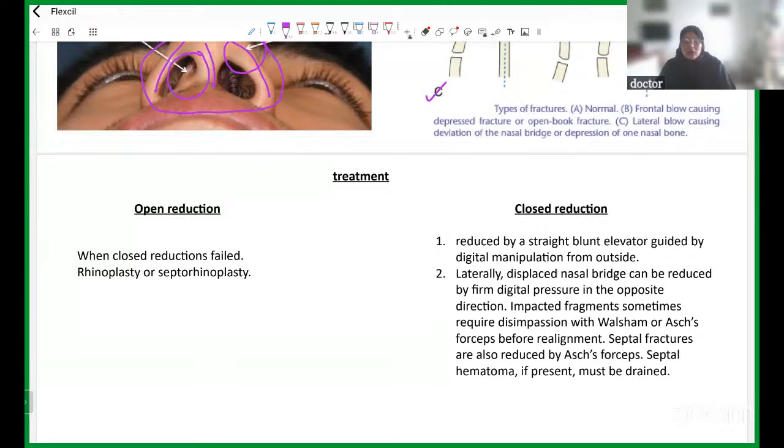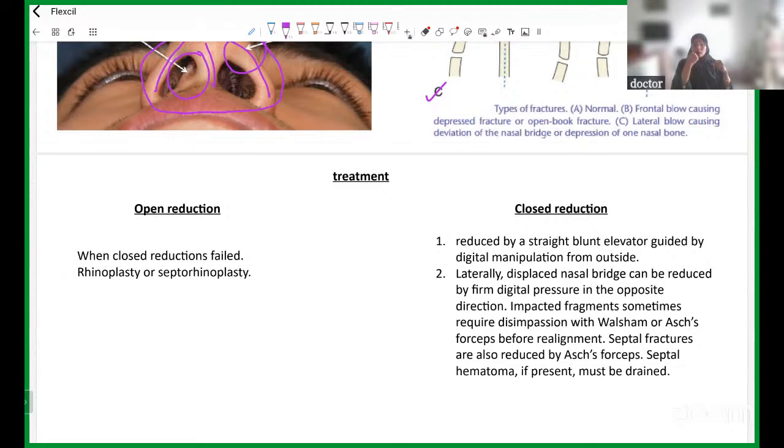There are 2 ways to do the surgery: close reduction and open reduction. Close reduction is for depressed fractures of the nasal bones sustained from either a frontal or a lateral blow.